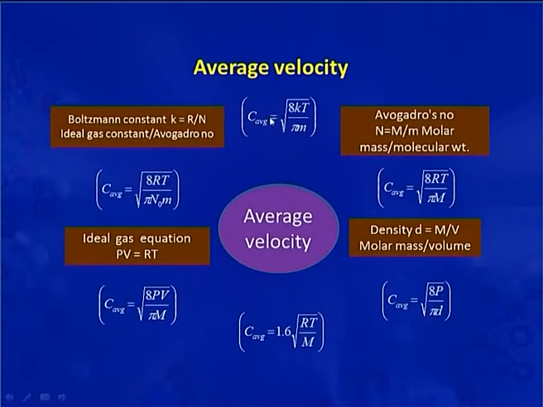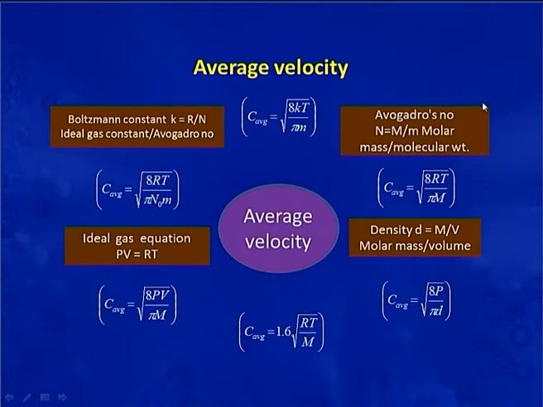So, the average velocity is root 8 kT by pi m. As we know, the Boltzmann constant is the ideal gas constant divided by Avogadro's number. So, by putting this value, we get C average is equal to root 8 RT by pi N naught into m.